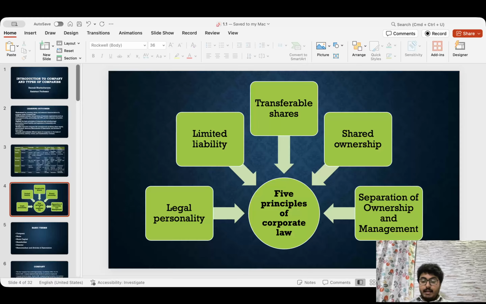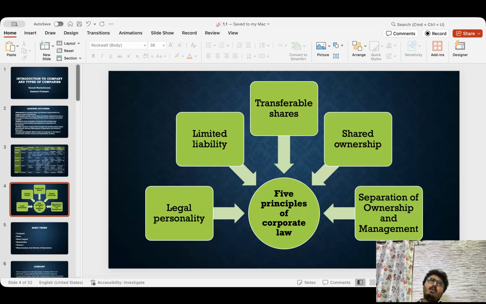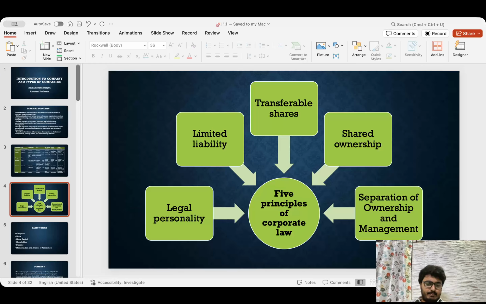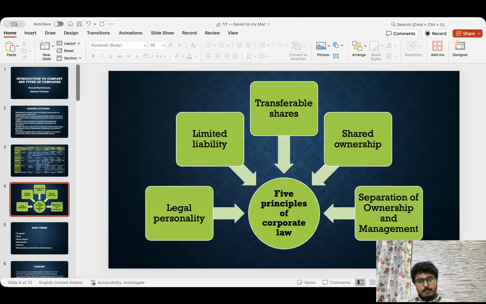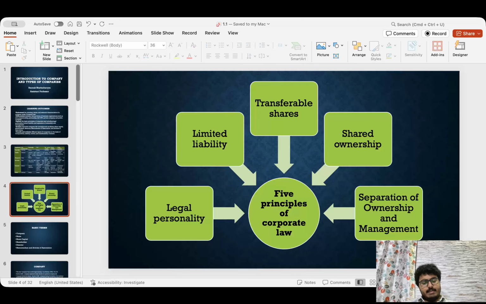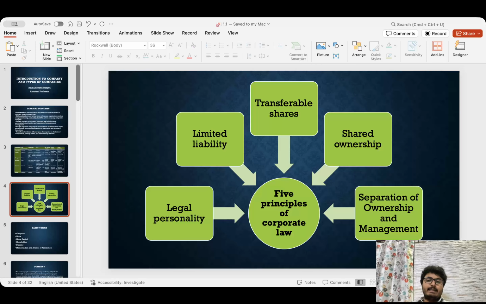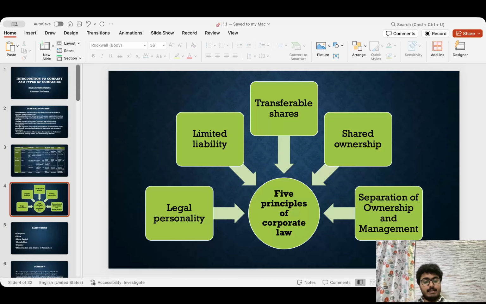So the shareholder owns the company, but the directors manage the company. And finally, the ownership is distributed among the multiple stakeholders.